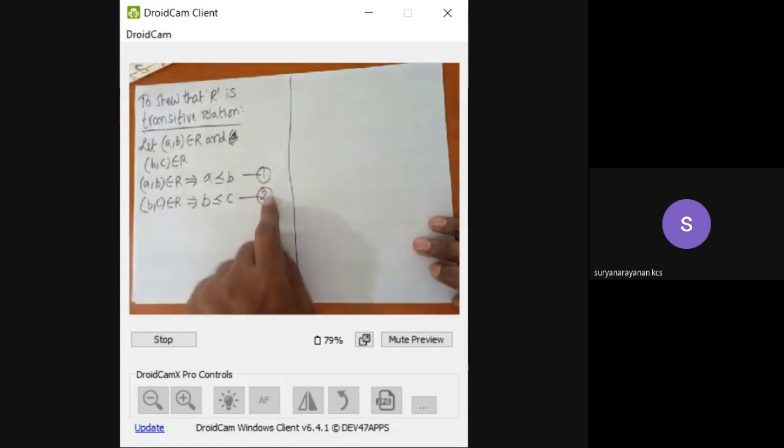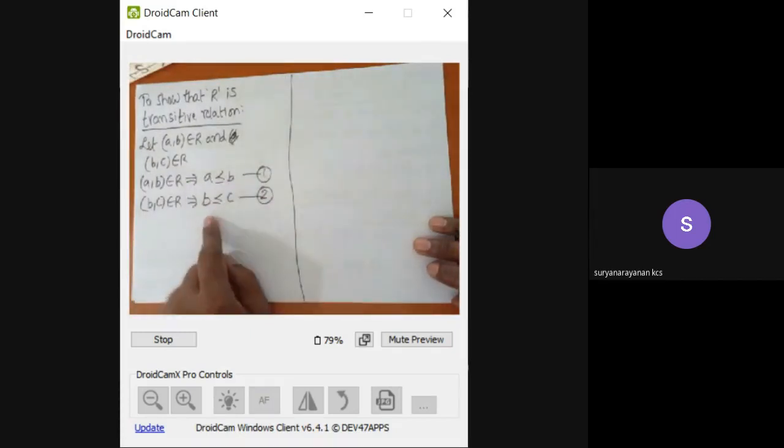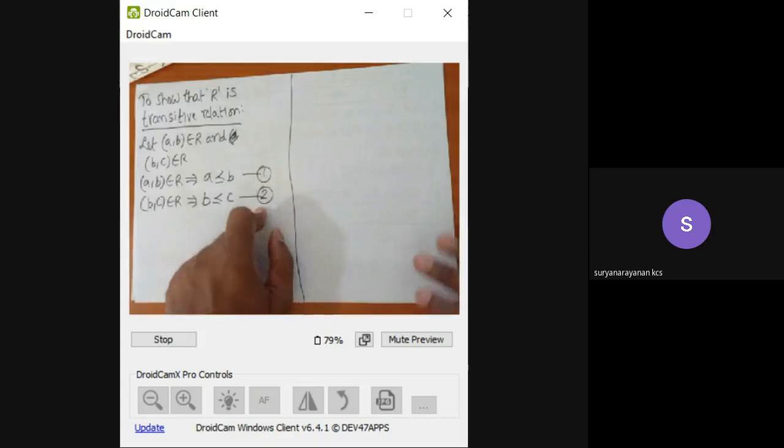Okay. So we got two results here. A is less than or equal to B and B is less than or equal to C. Then can we write A is less than or equal to C from these two equations? Yes, sir.